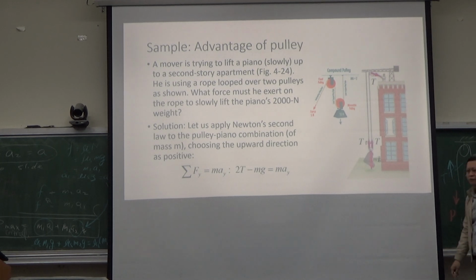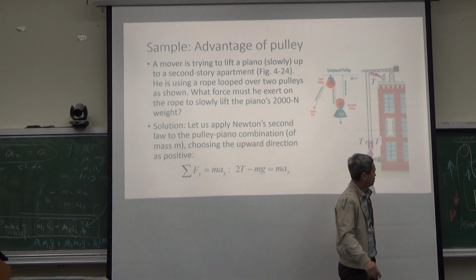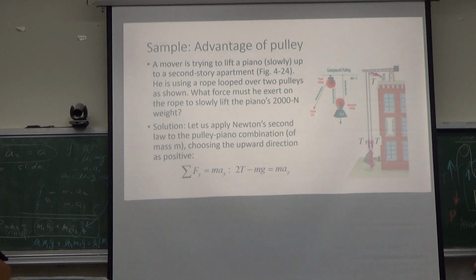And then next, how do you find the tension? As I mentioned to you, the tension can only be found from the cable. So you can write the force summation equal to ma of the cable.